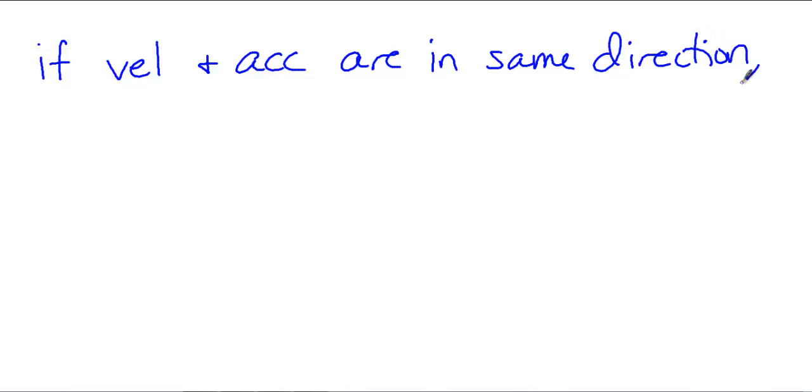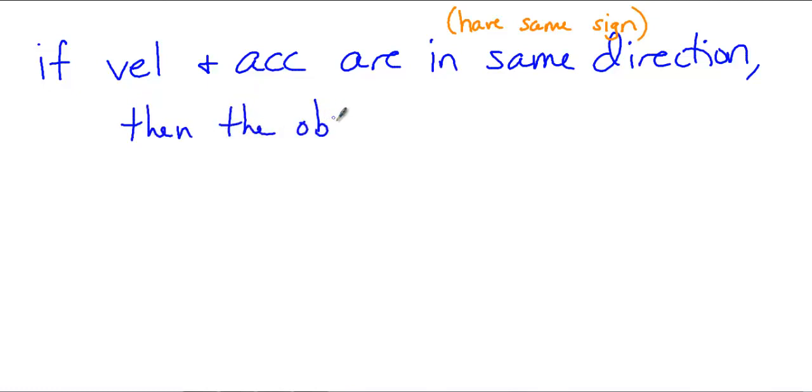Okay, so if the acceleration and the velocity are in the same direction, we can say up here in parentheses they have the same sign, either being both positive or both negative. Then the object speeds up. Okay?